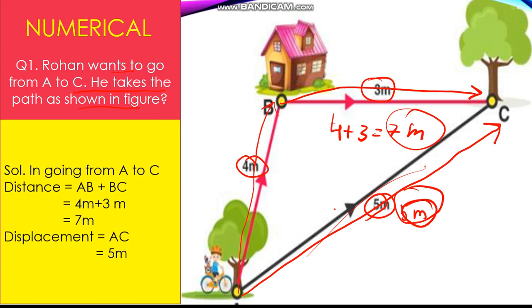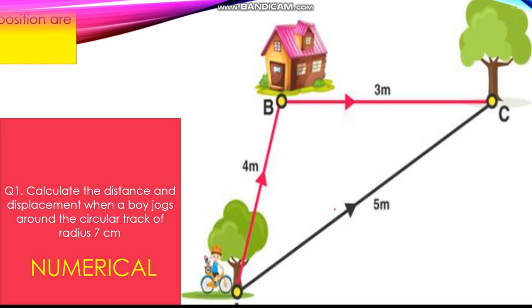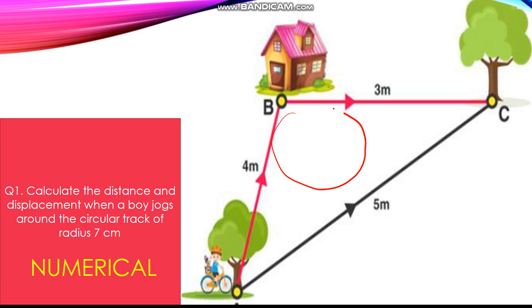So as you can see in the solution, I have shown you the distance and the displacement both. Now calculate the distance and displacement when a boy jogs around a circular track of radius 7 cm. So this is our circular path. Okay.